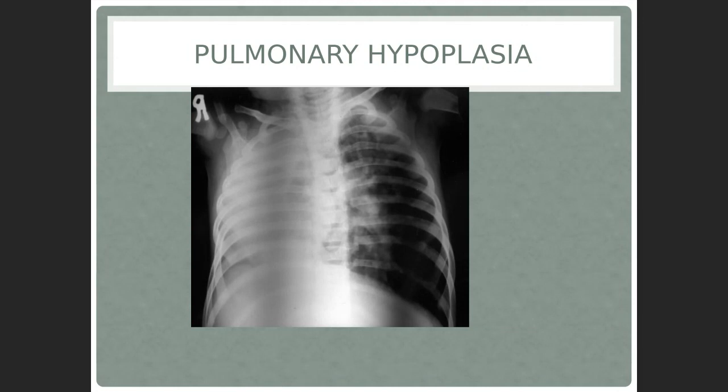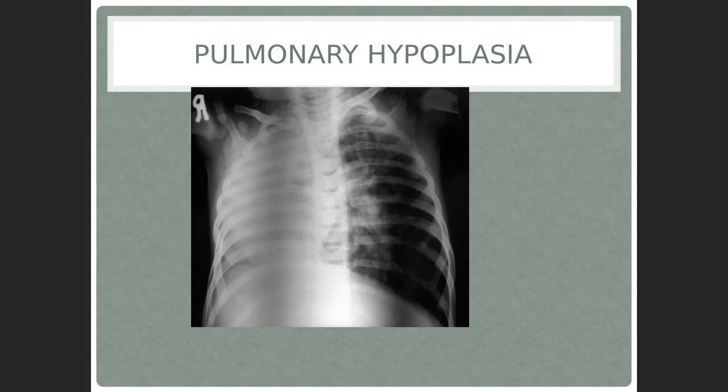And why do you think the right side has a pulmonary hyperplasia? I want you to tell the others why you think it's the right side. No air entry. What else? What on the left side will tell you that it's not the left side that is affected?